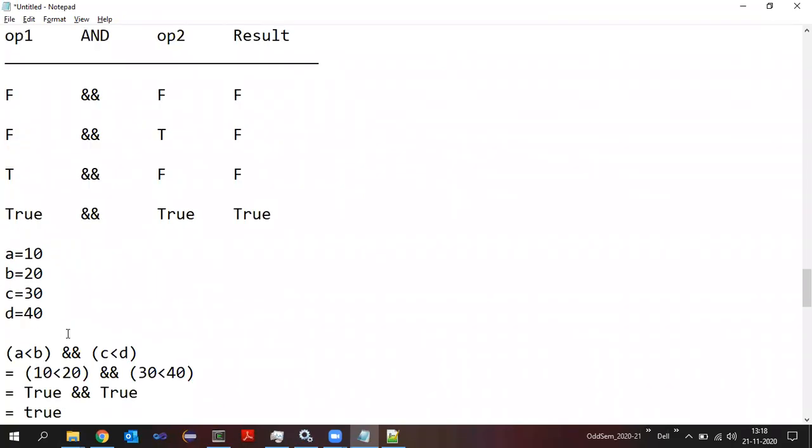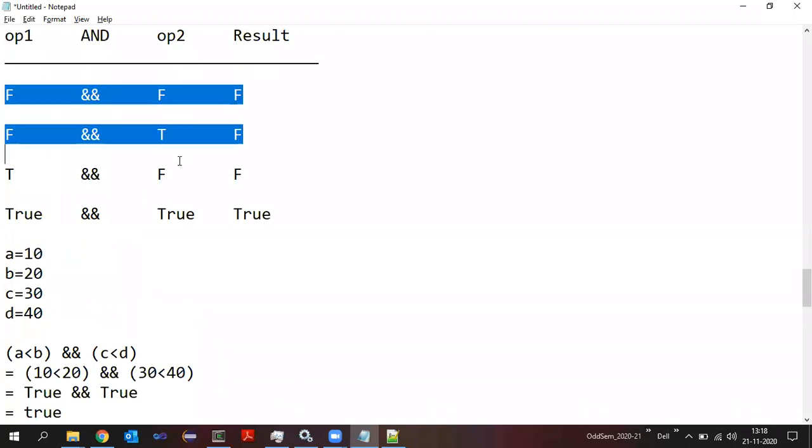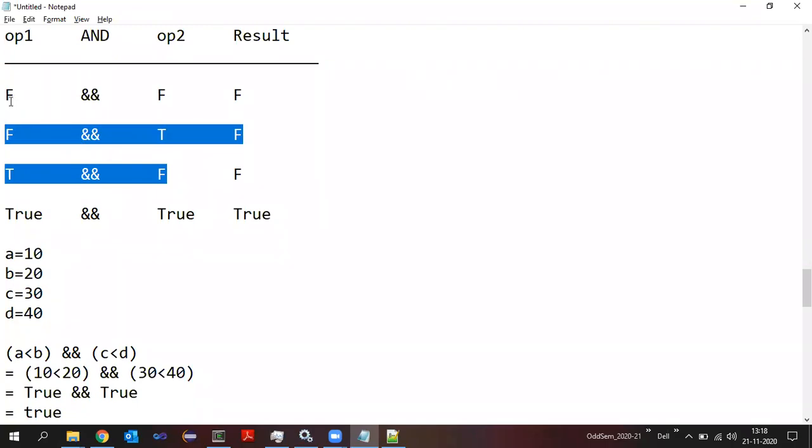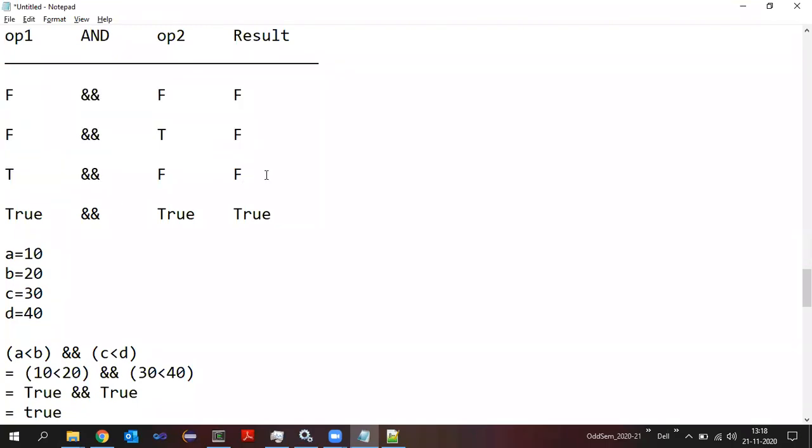If you just look at this one, if any one of the operands is false, here both are false, result is false. In this case, one of the operands is false, then the result is false. Here, the second operand is false, result is false. That means if any one of the operands is false, then the AND will give false. If both are true, it will give a true value.